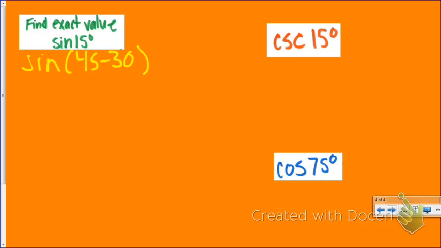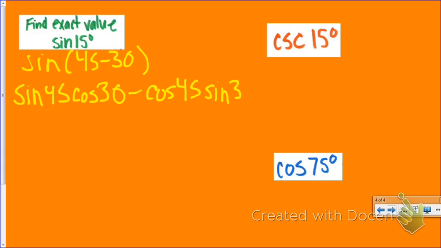So I'm going to use this expression, and I'm going to expand this using my properties. So this expands into the sine of A, which is 45, times the cosine of B, which is 30, minus the cosine of A times the sine of B.